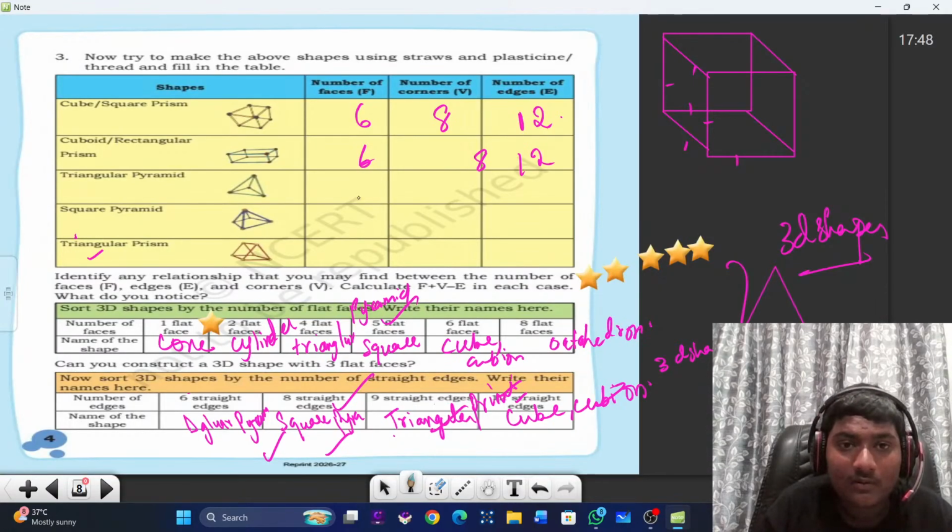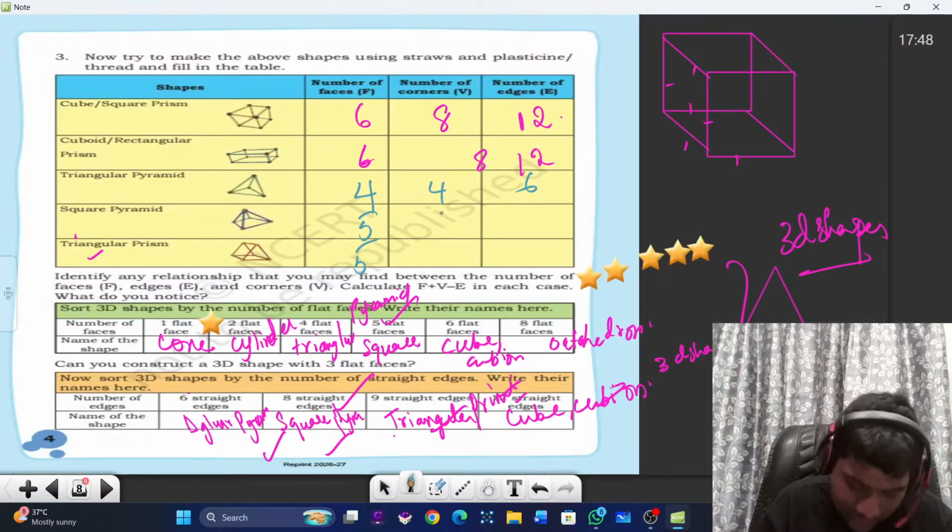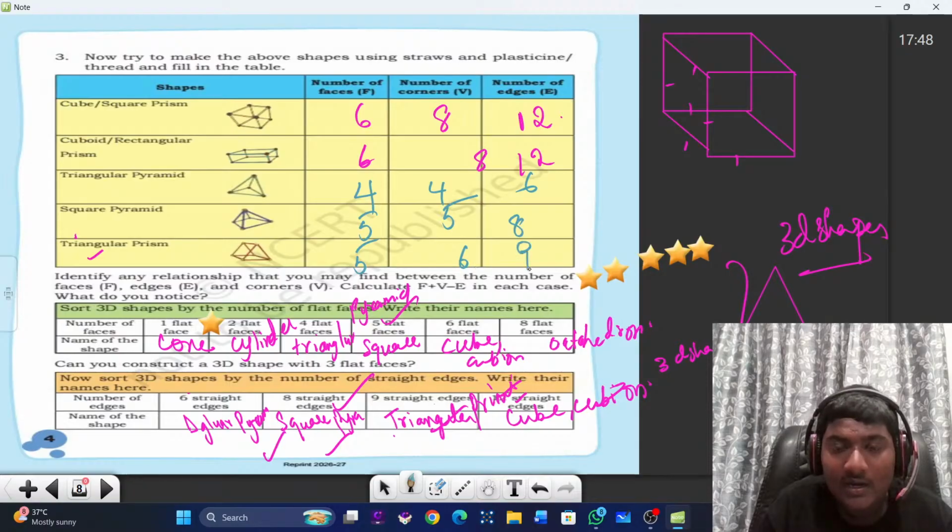This one will be 4, 5, 5, and 4, 6, 5, 8, 6, and 9. So, moving to this one.